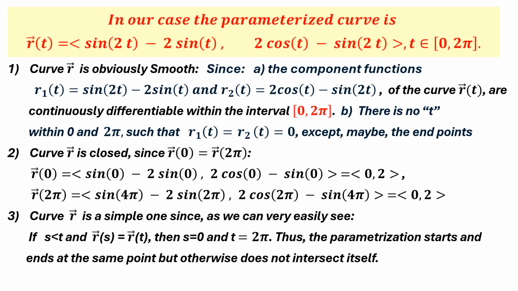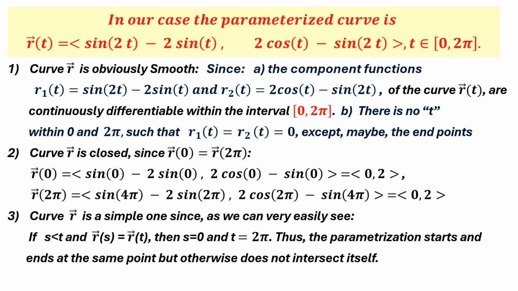Below, we can see the parameterized curve R of t, which is the boundary of region R. Now let us check if it is a simple, closed, piecewise smooth curve C, oriented counterclockwise, as Green's theorem demands.